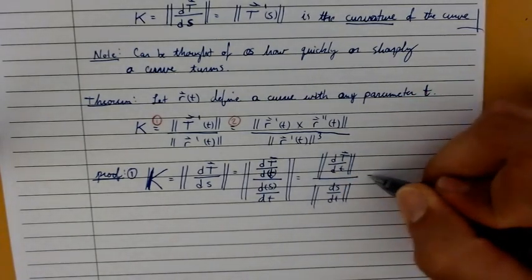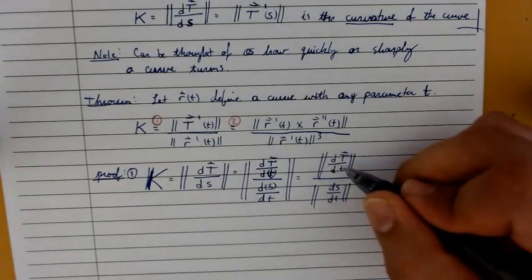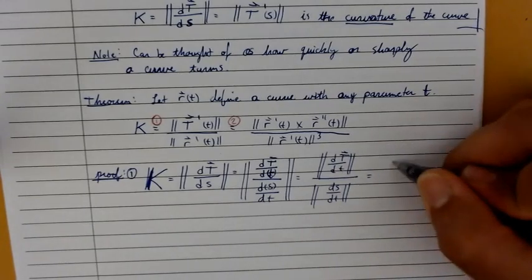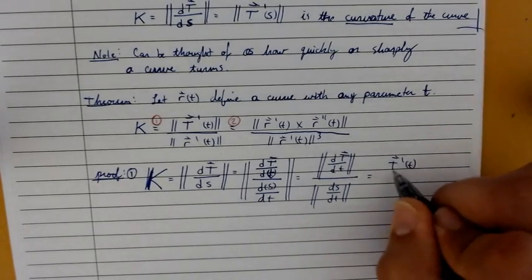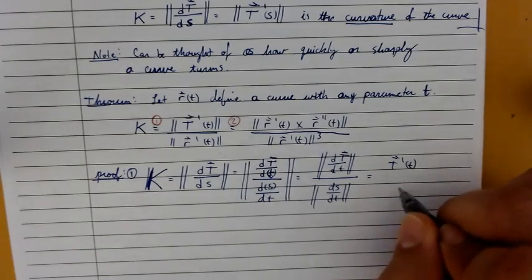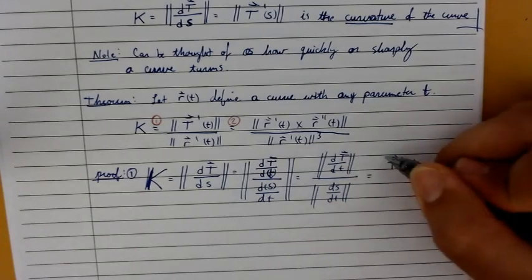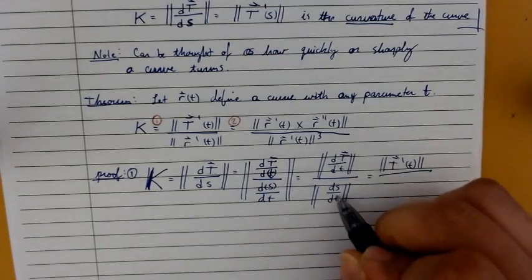But of course, this is just the derivative of the unit tangent vector with respect to time. Or in other words, it's the typical T prime of t that we saw in the previous sections that involved unit tangent and unit normal vectors. And of course, we're taking the magnitude of that, over, here, this is just s prime of t.